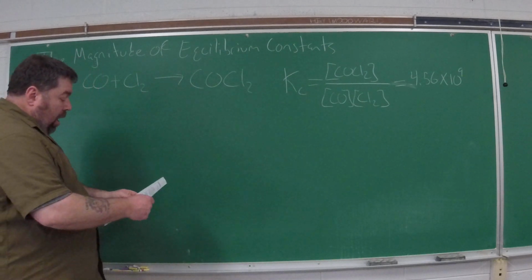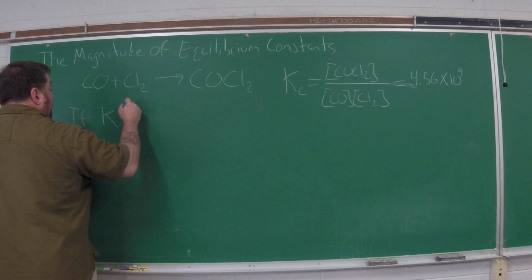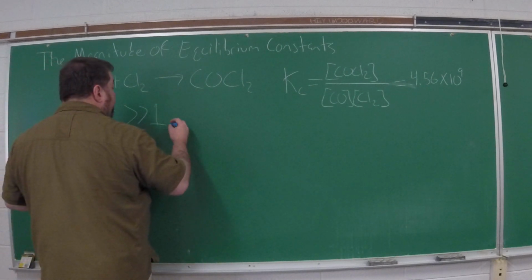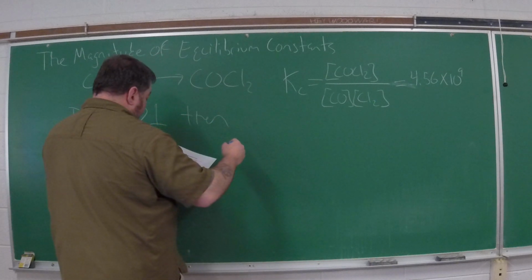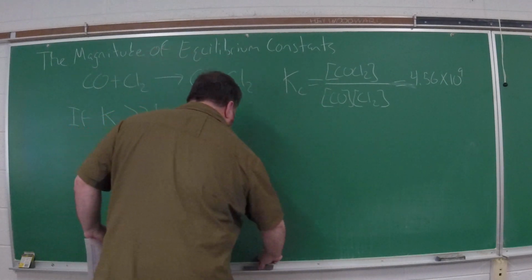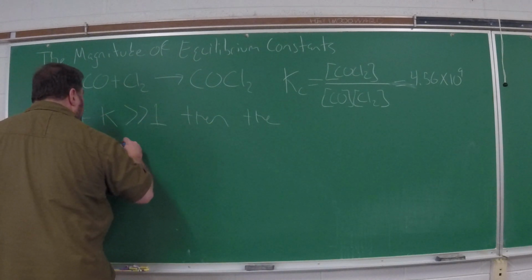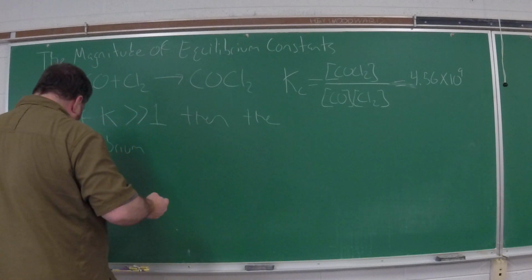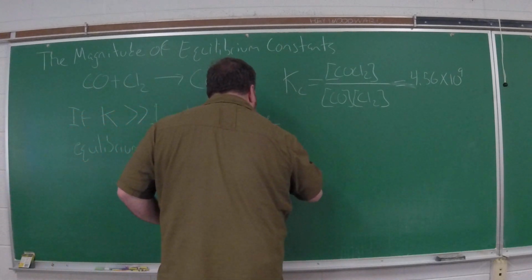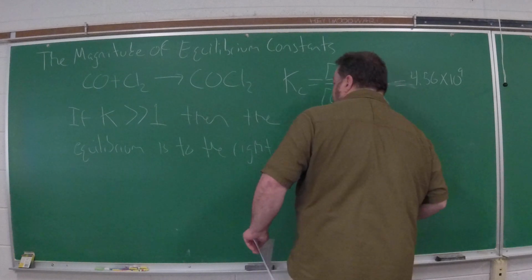So basically, the larger K, and this would apply to Kp also, if K is much larger than 1, then the equilibrium lies to the right, with the products, okay?